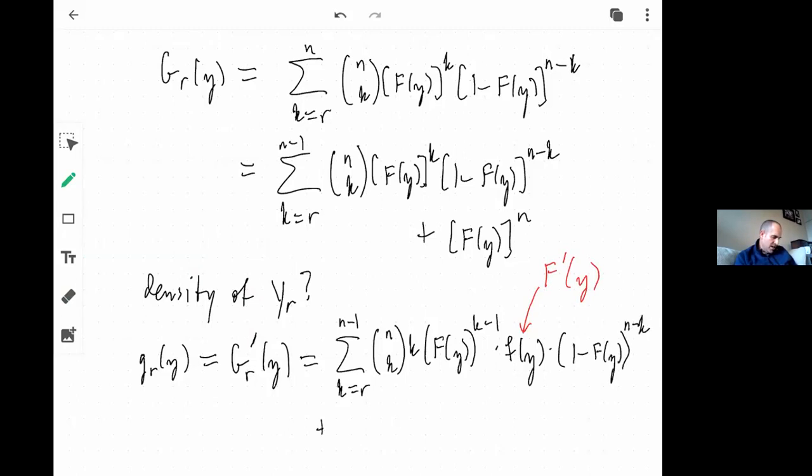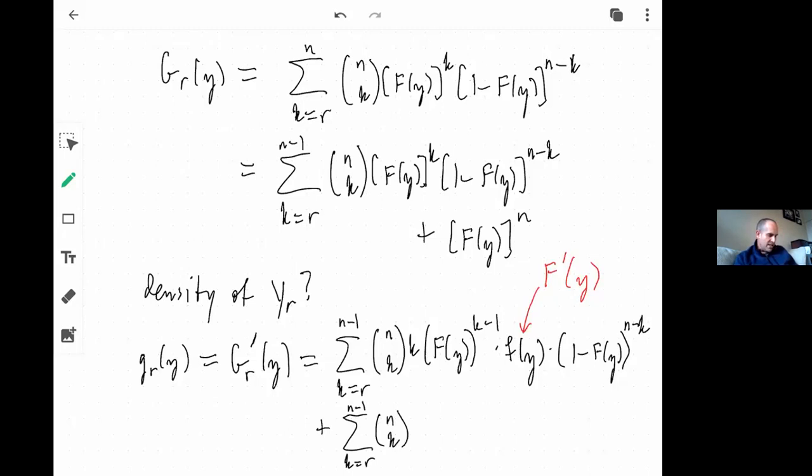So that was the derivative of the first times the second, plus the first times the derivative of the second. So that's going to be plus the sum, k going from r to n minus 1. Similar kind of game here: n choose k.